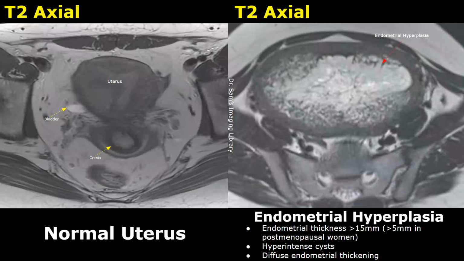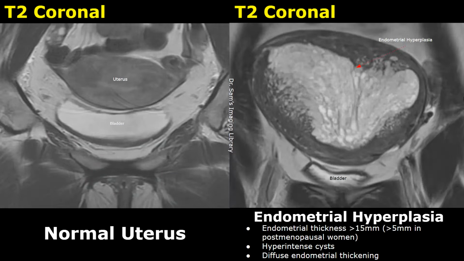Here is a T2 sequence in axial view showing endometrial hyperplasia. We can see diffuse endometrial thickening. The entire endometrium is involved. This is a T2 sequence in coronal view.